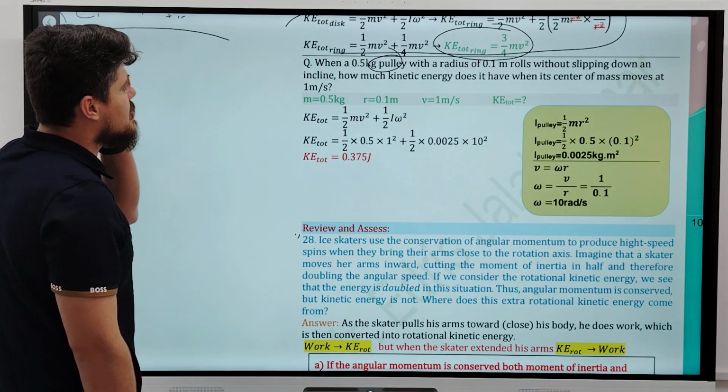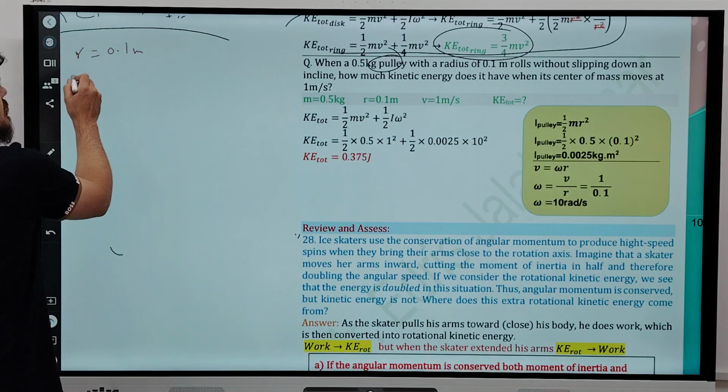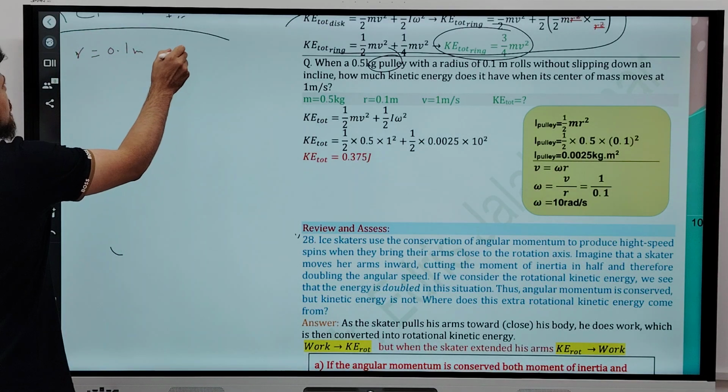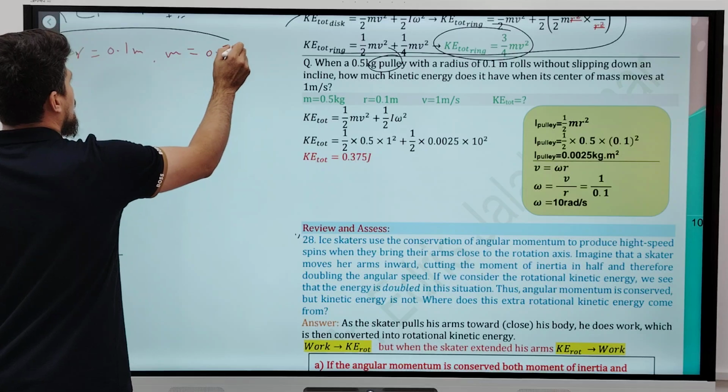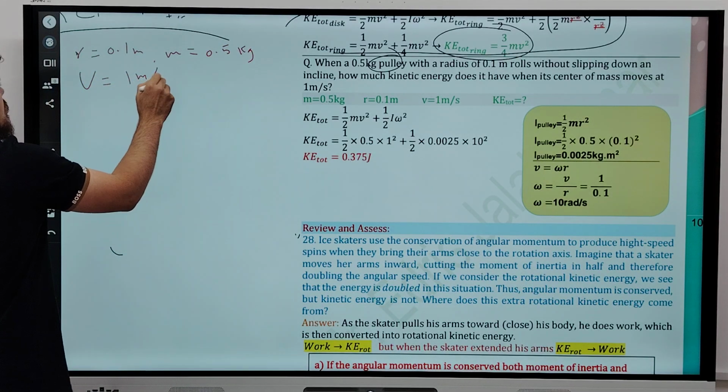How much kinetic energy does it have when its center of mass moves at 1 meter per second? So its mass is 0.5 kilogram, and it is moving with a velocity of 1 meter per second.